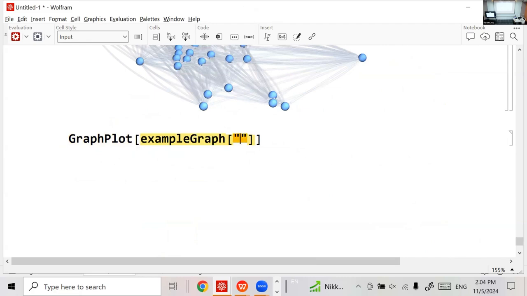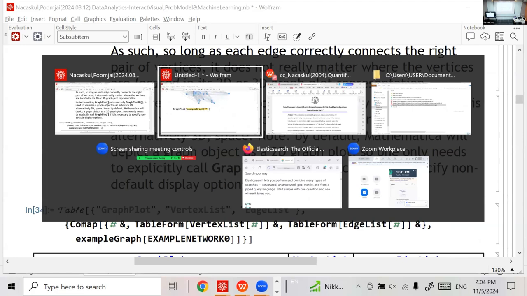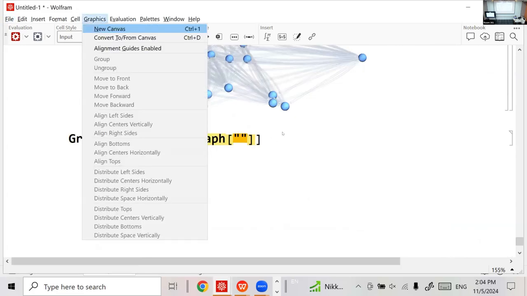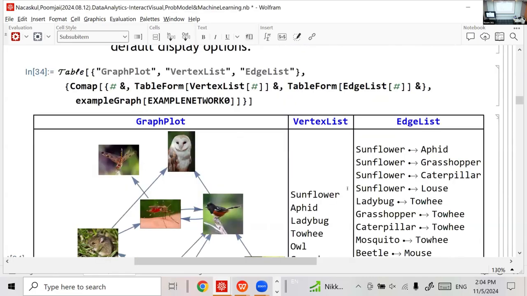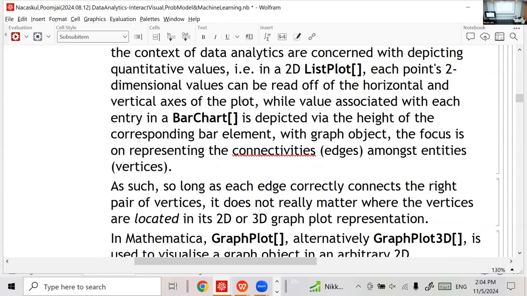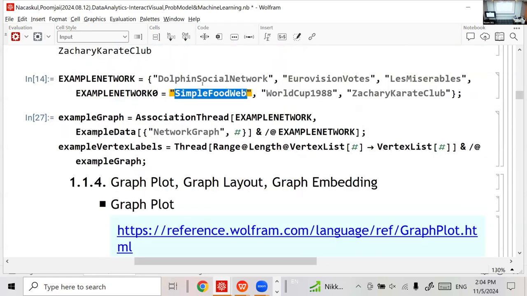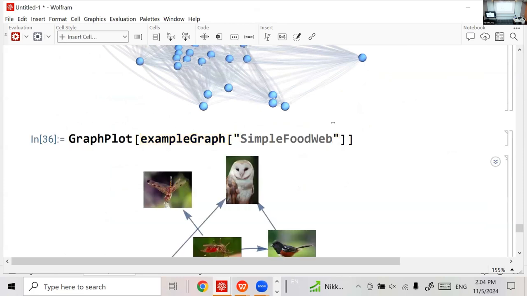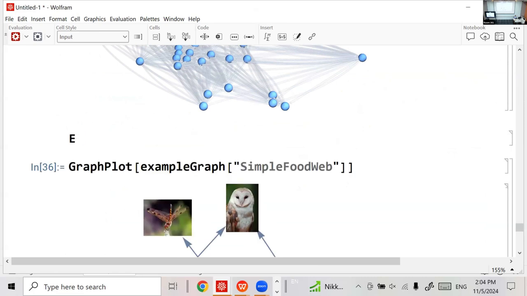Example graph, and I use something like food web. What's it called? Food web. Simple food web. Okay. Now, if you haven't created the example graph, you can just use example graph.